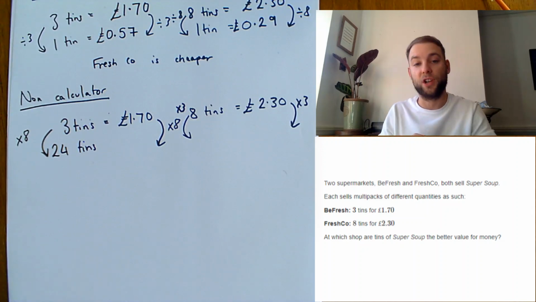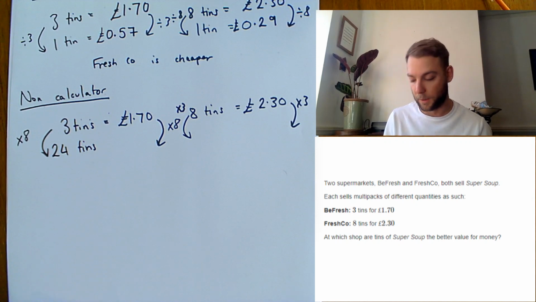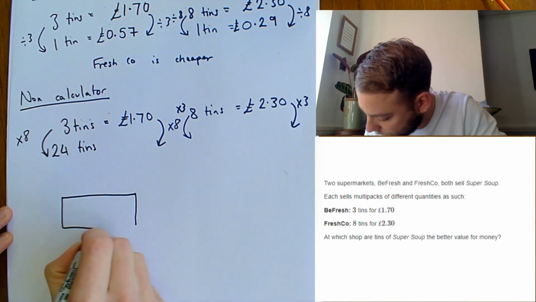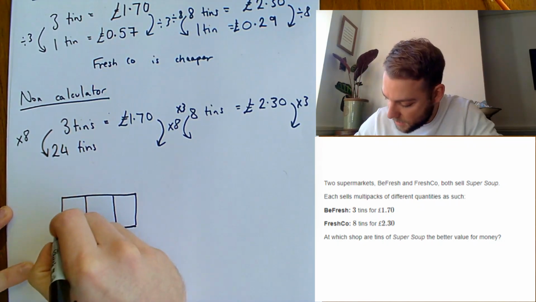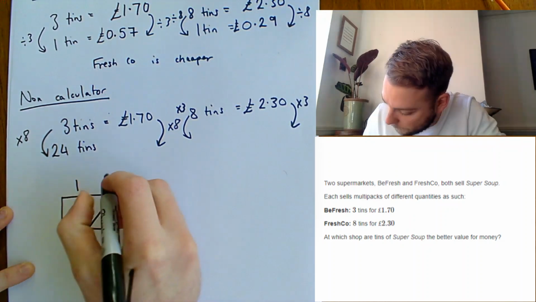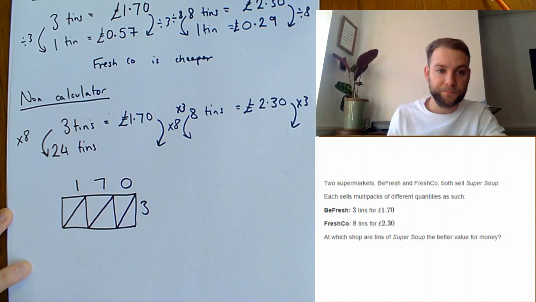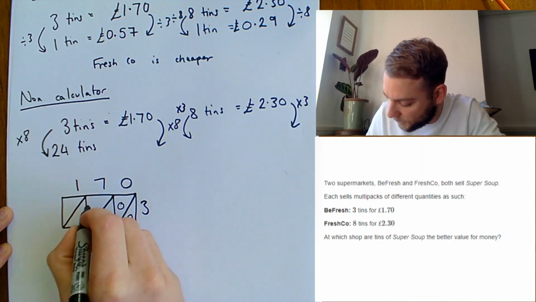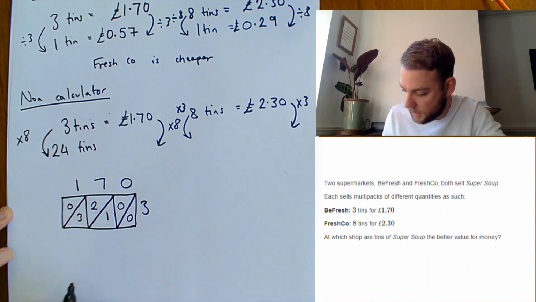Now you can use the Chinese method, you can use the column method, whichever method you like to multiply by. I prefer to use the Chinese method. So we split it up there, bottom left, top right, bottom left, top right, bottom left, top right, £1.70 and 3. So 0 times by 3 is 0, 7 times by 3 is 21, 1 times by 3 is 3.